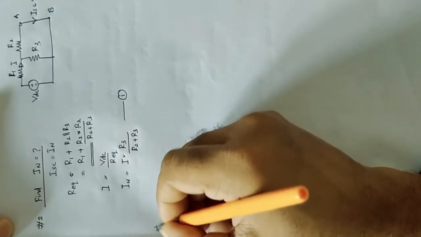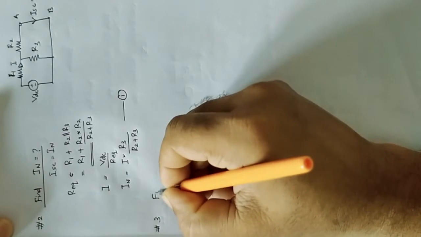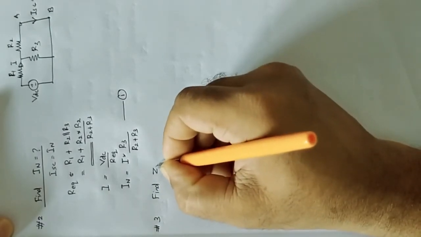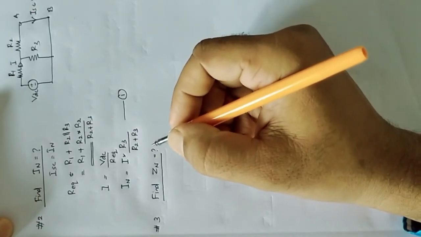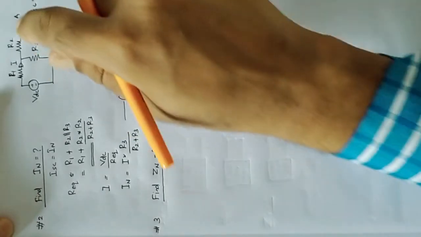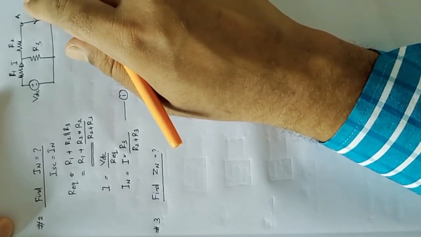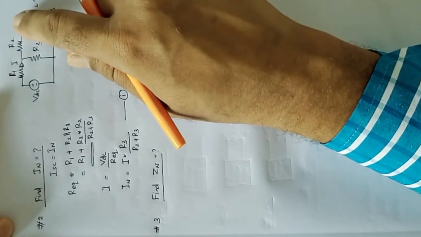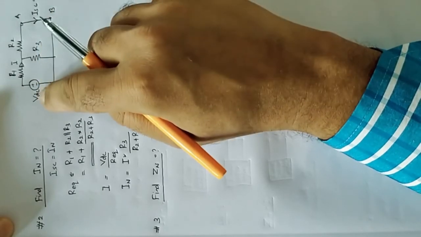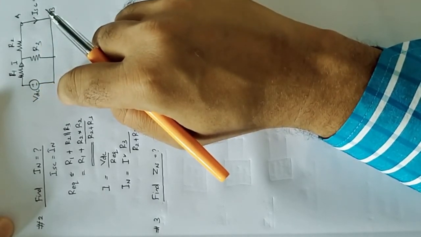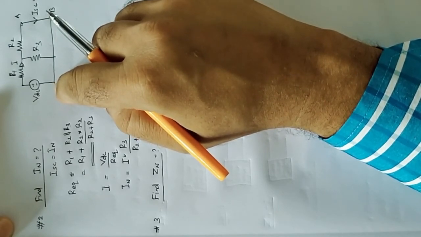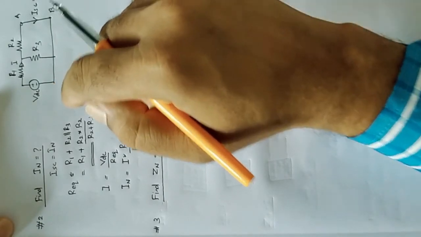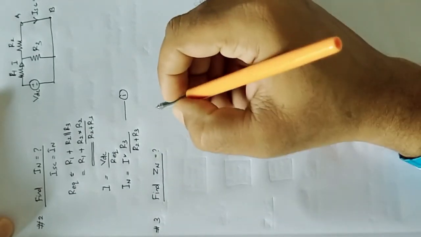Then the third step is to find Zn, the Norton equivalent impedance. In order to find it, we need to see the impedance through these open circuit terminals A and B while making all independent sources 0. Here only one independent source is there, the voltage source. How to make a voltage source 0? By short circuiting. The corresponding equivalent circuit is like this.